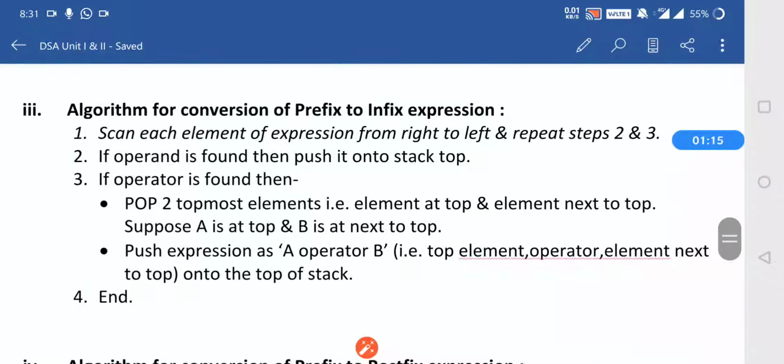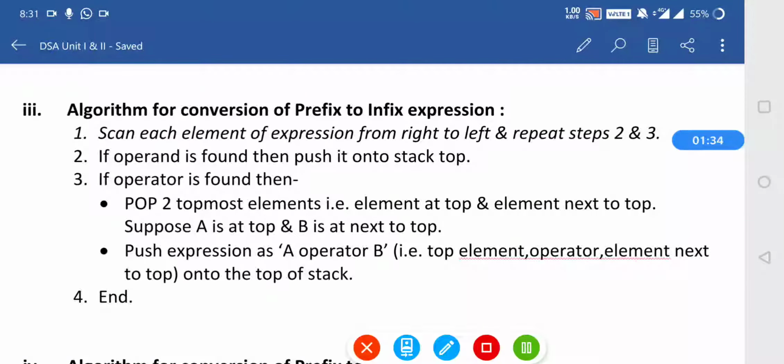When we are doing the conversion from prefix to infix, we have to scan the expression. We will scan each element of the expression from right to left.